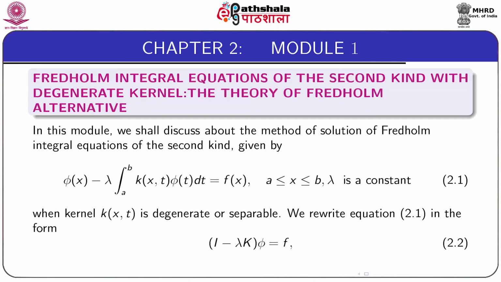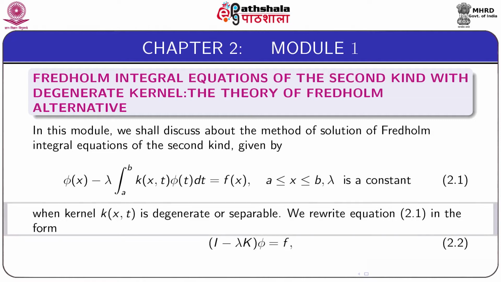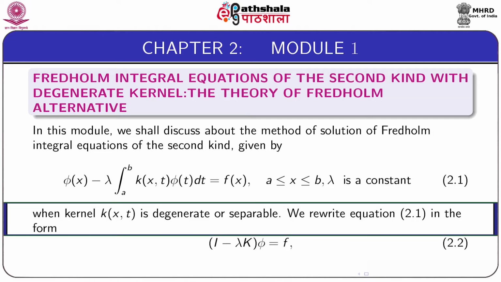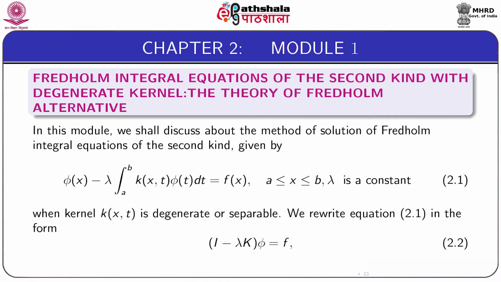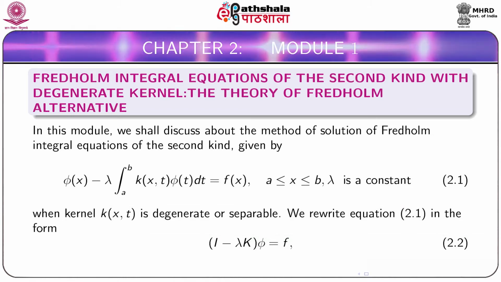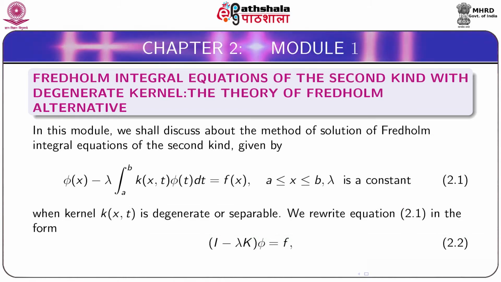Now, the Fredholm integral equation is given by equation 2.1, where the kernel k(x,t) is degenerate or separable, and we shall solve this equation 2.1 for degenerate or separable kernel.